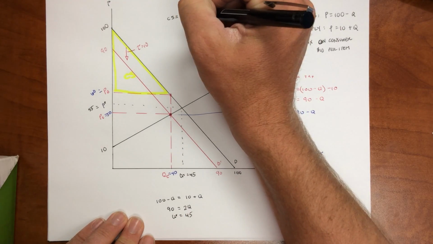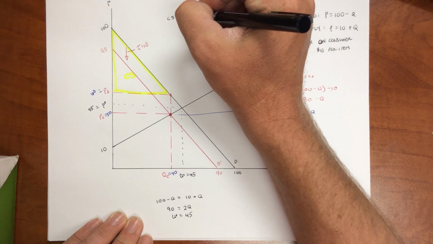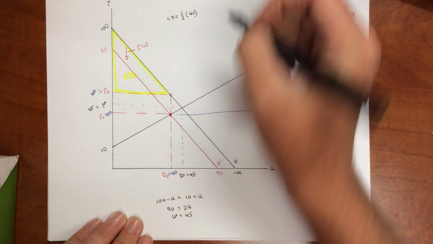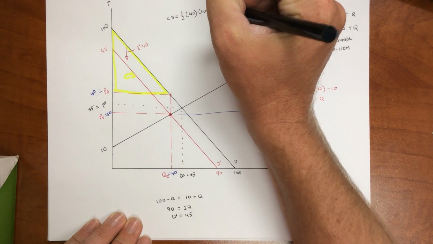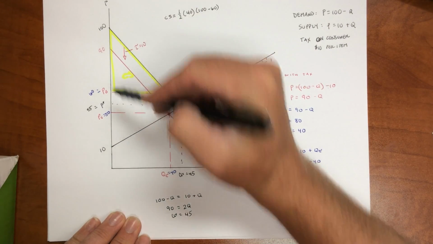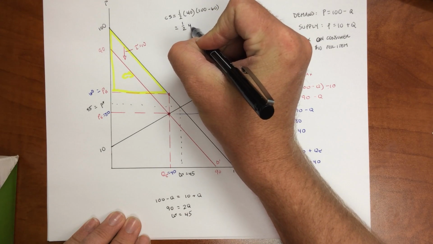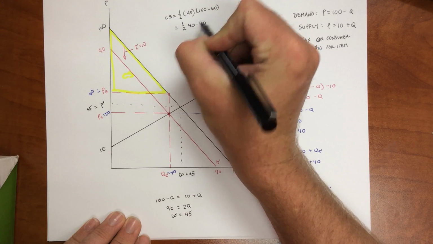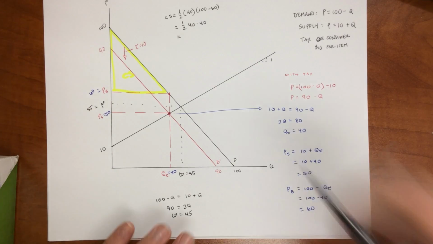So it's 1/2 times the base, which is the quantity with the tax, 40, times the height, which is 100 minus 60, this distance here, which is also 40. So consumer surplus is 1/2 times 40 times 40, which is equal to, I'm just going to get my calculator out, 40 times 40 divided by 2 is 800.